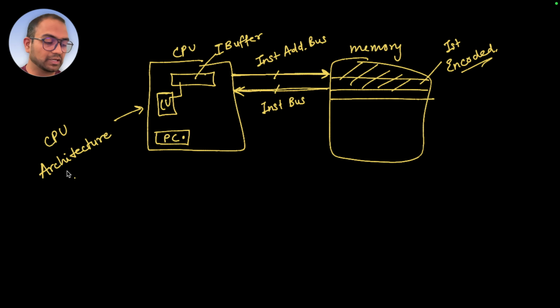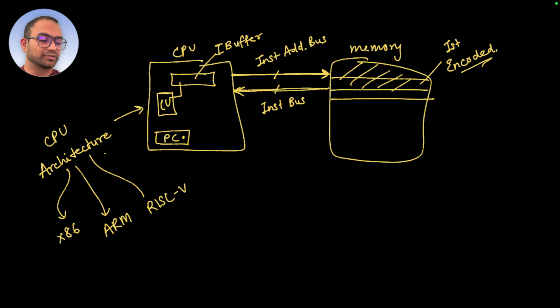What does that mean? It means there are x86 systems, ARM, and RISC-V. Each of these architectures provides a different encoding for the instruction, and we have to pick one of those.